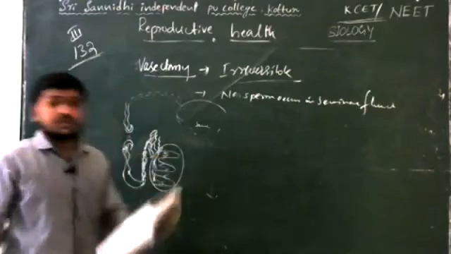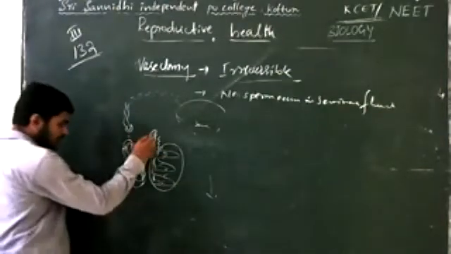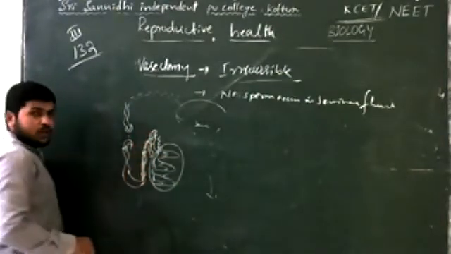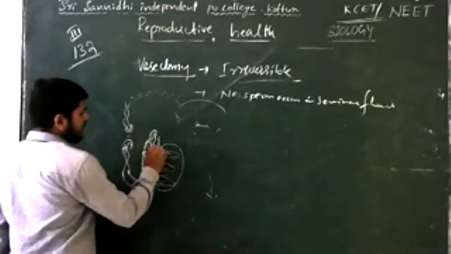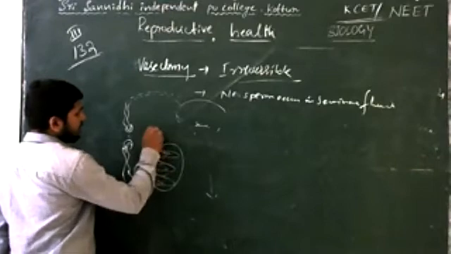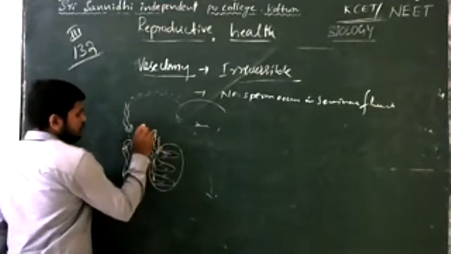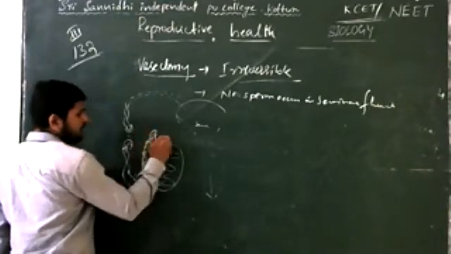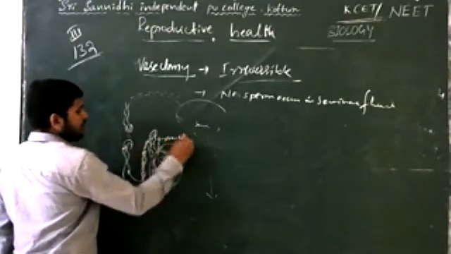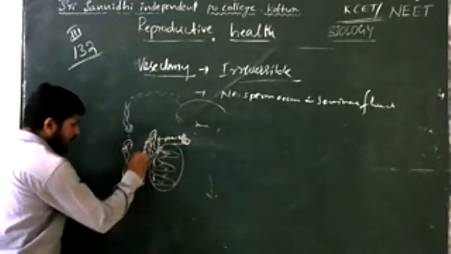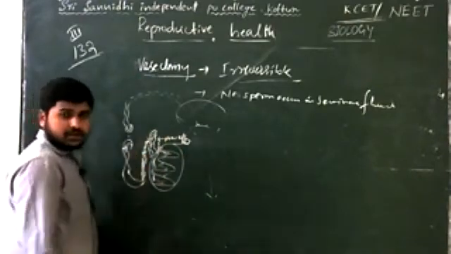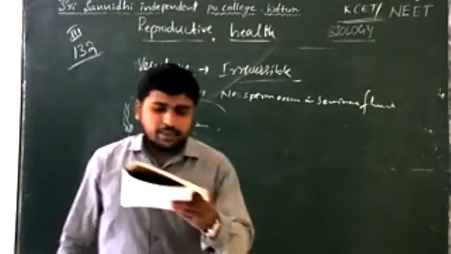No sperm occurs in epididymis. That is wrong. The sperms are present in epididymis. Remember, once the sperms are produced by the seminiferous tubules, they reach the rete testis, then vasa efferentia or efferent ductules, and the epididymis, where they undergo maturation.